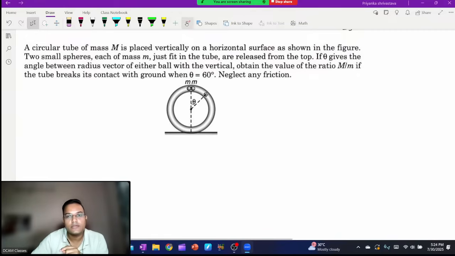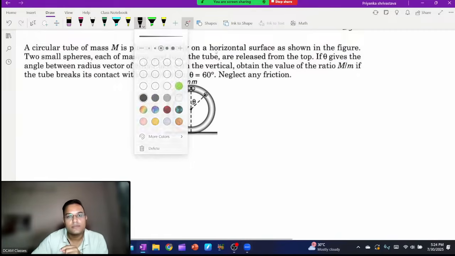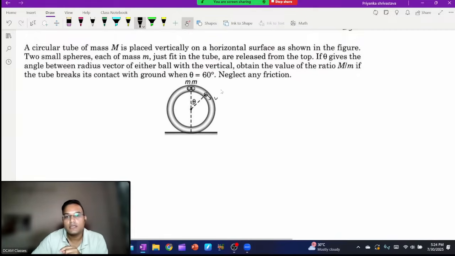Here the equation you will form, if you have found the velocity, this is the normal reaction, this is mg, and the component is mg cos theta. So mg cos theta minus N.